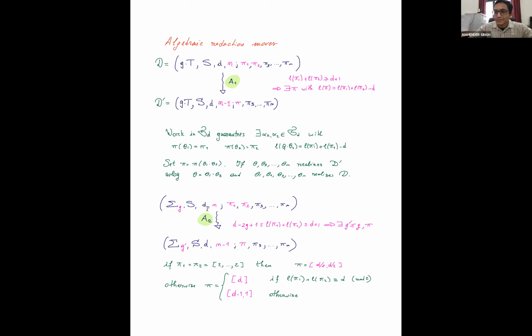Any more questions or comments? Yeah, I have a vague question. Does this realizability of branch data relate to torsion in the mapping class group of the surface? The existence of that torsion?